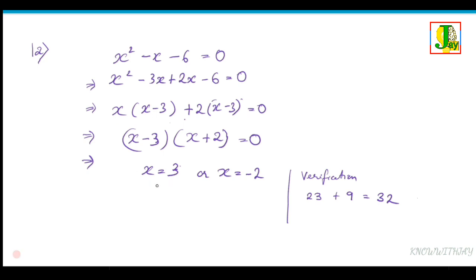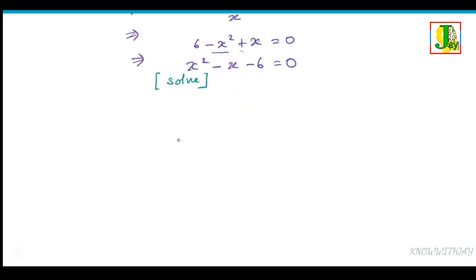So finally we get x equals 3 or x equals minus 2. Now remember, x is the units digit and it cannot be a negative integer.